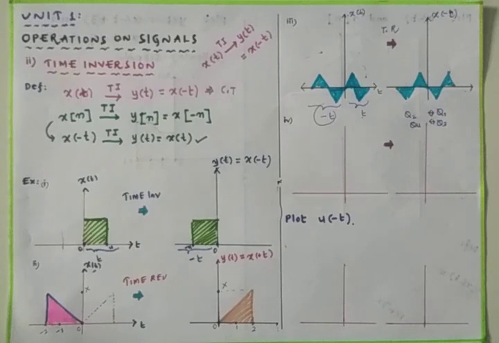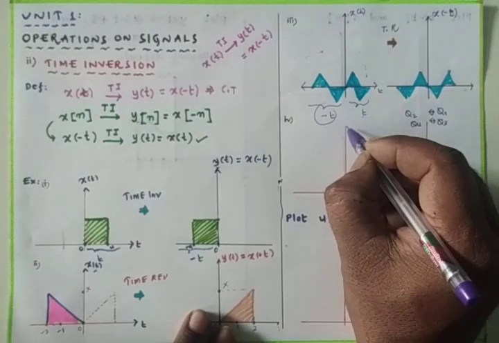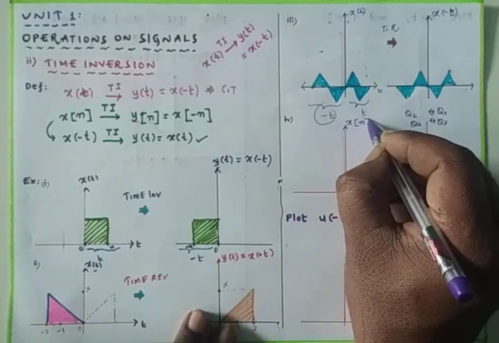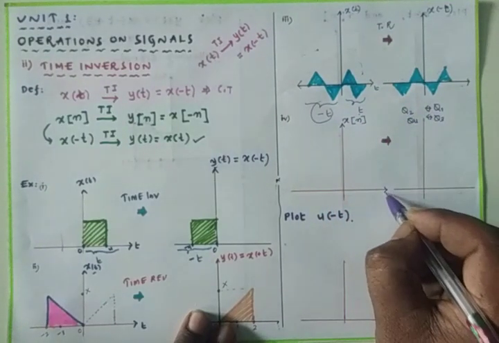So far whatever we have seen are examples for continuous time only, but I am going to take a signal now in discrete time and explain the same time inversion operation. Assume that it is a discrete time signal. We know that a discrete time signal is denoted with x of n.